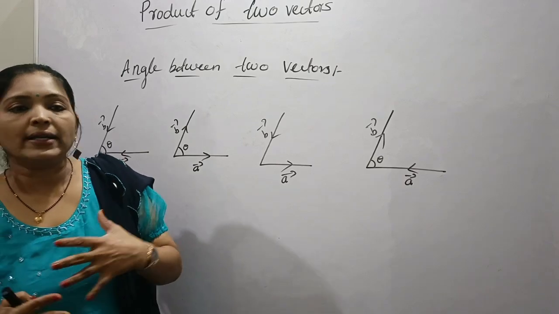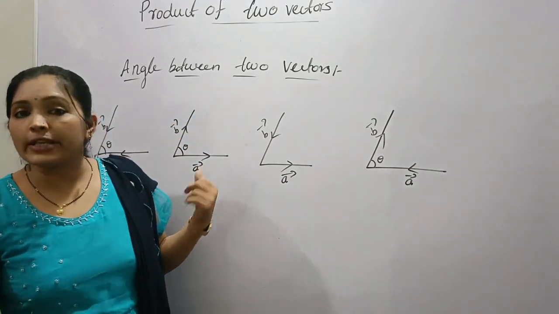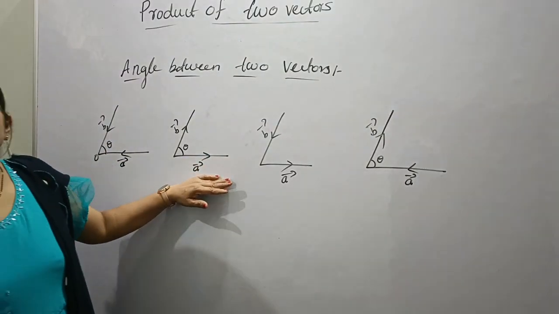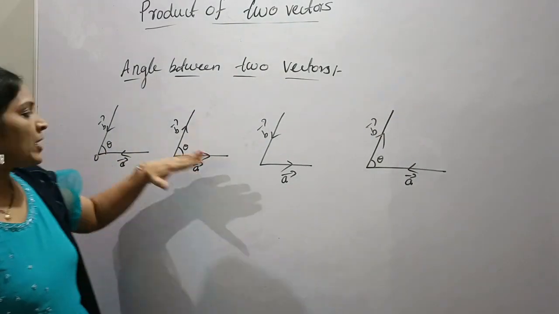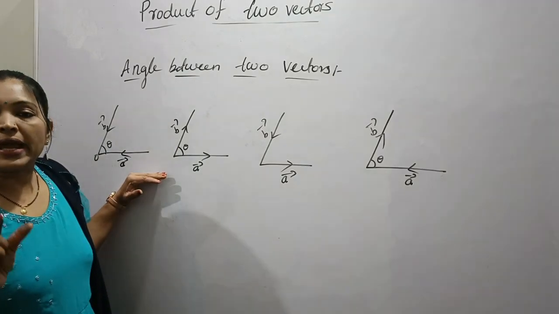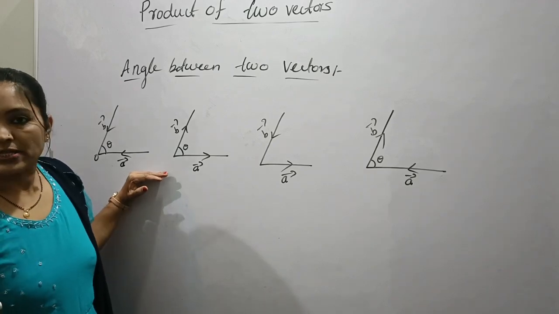Okay. So before that, let's see what is the angle between two non-zero vectors. Let vector A and vector B be two non-zero vectors. Look at the first diagram. Here, the angle between vector A and vector B is the angle between the directions.